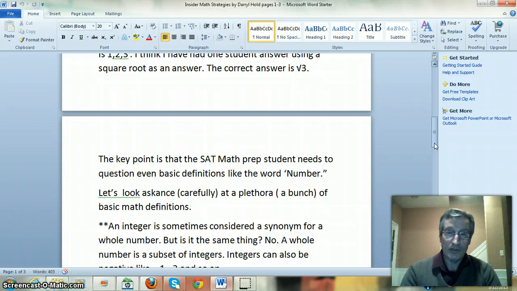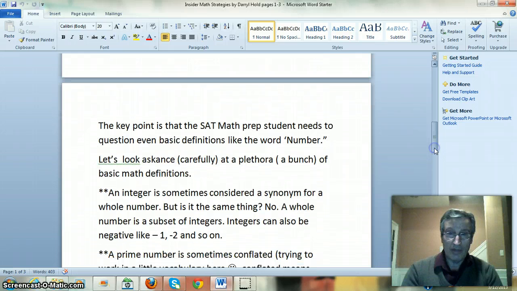I kept referring to it as quadrant, and it took me a few times before I switched to octant, which is what it's divided up into in a three-dimensional XYZ plane. So I understand the difficulty in this. However, you can definitely, if you focus, switch out of a habit by questioning even basic definitions like the word number. Let's look askance, or carefully, at a plethora, a bunch, of basic math definitions.